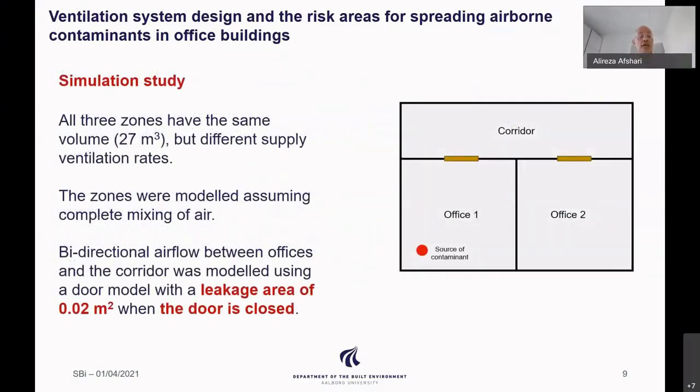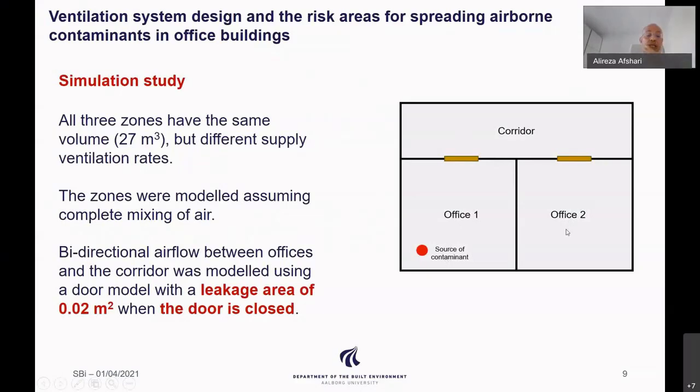We have done a simulation study. The simulation study was done with Modelica, and here we have office 1, and the source of contaminants is here in office 1. You have a corridor here, and you have office 2 here.